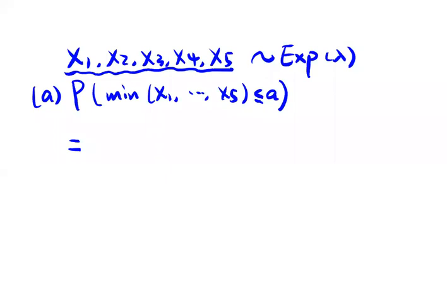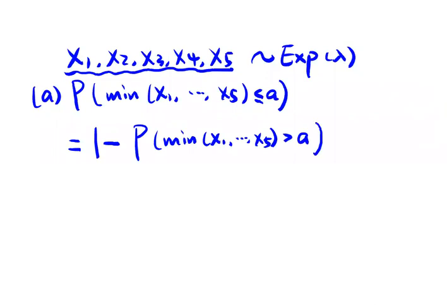In this case, it's easier to consider the complement of this, because the smallest to be smaller or equal to a is the complement of the minimum of the 5 to be greater than a.